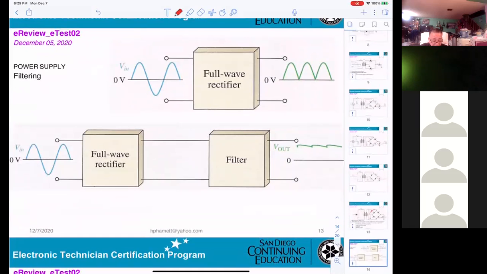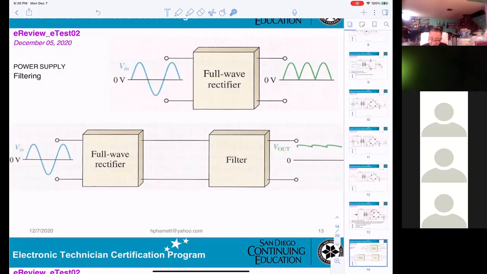Okay, now let's see. They're talking about power supply filtering. You understand full wave rectified. This is a full wave rectifier. You apply a sine wave coming in, and the output will be a pulsating DC. This is not AC anymore. Okay, and now on the second one, the output of the full wave rectifier goes into the filter, into the capacitor.